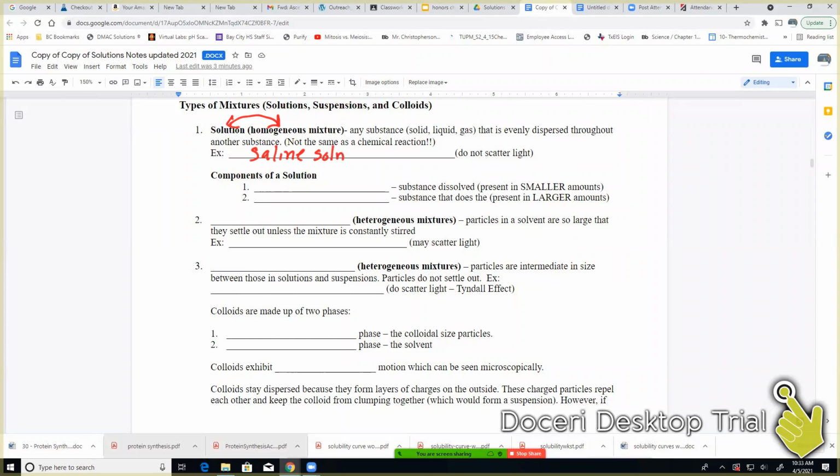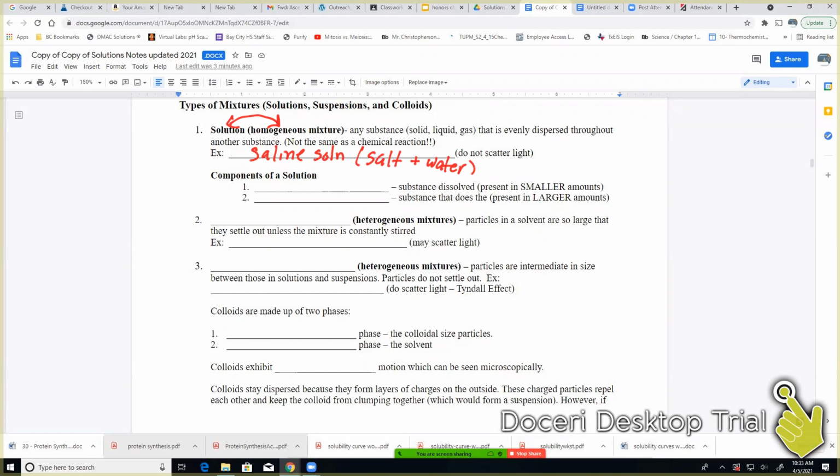You can get an IV of saline. It's salt and water at a specific percent. So saline solution is salt plus water, and your salt is your solute and it will dissolve in water. So that'd be an example of a solution.